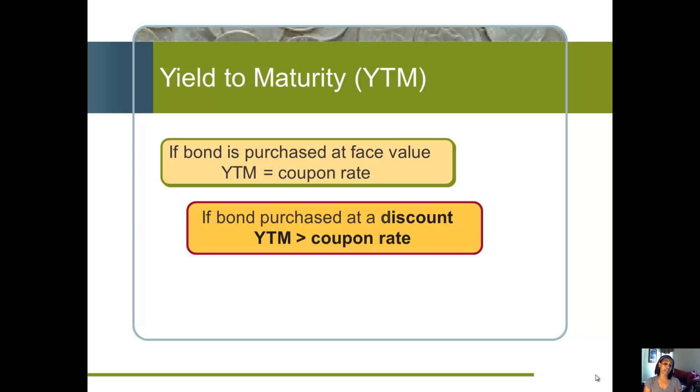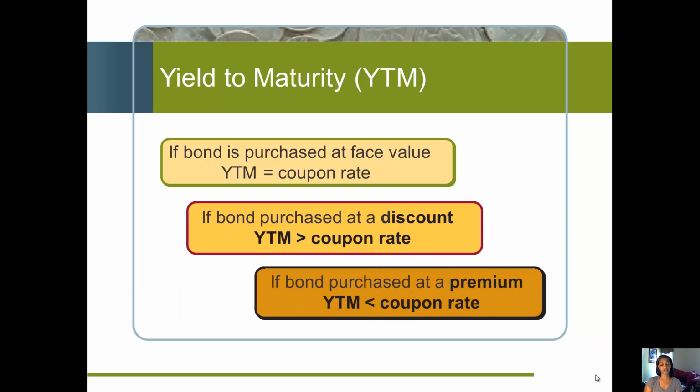If it's purchased at a discount, remember lower than face value, then the yield is going to be greater than the coupon rate, and then the reverse is going to be true. If it's purchased at a premium greater than face value, then the yield is going to be less than the coupon rate. And all of that is because of that inverse relation. Interest rates go up, bond prices go down, and I think the key is remembering that the yield is equal to the coupon rate when it's at face value.